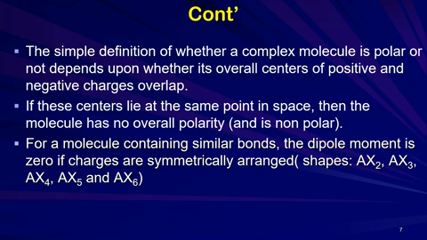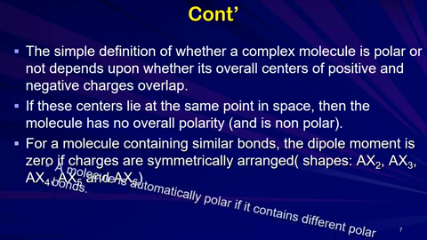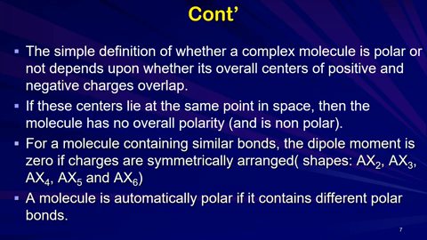For a molecule containing similar bonds, the dipole moment is zero if charges are symmetrically arranged, and commonly it is with these shapes: AX2, AX3, AX4, AX5, and AX6. We all remember these shapes. And a molecule is automatically polar if it contains different polar bonds.